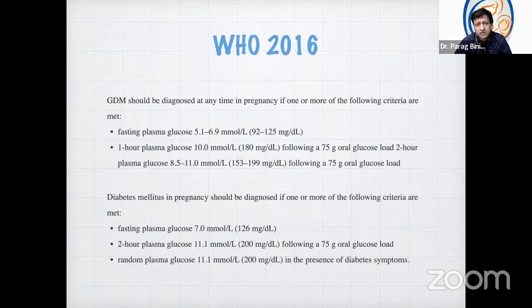WHO in 2016 has given its own methodology for how blood sugar testing should be done and how GDM is to be diagnosed. However, I personally believe that in the Indian population, we should be doing a test which is time tested and researched in our own population, and that is the test by DIPSI.